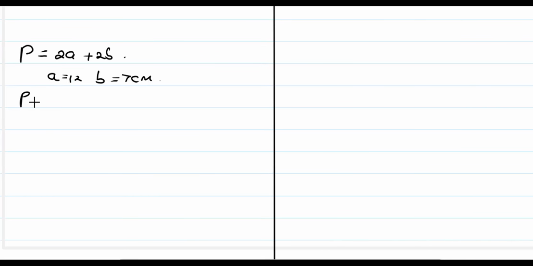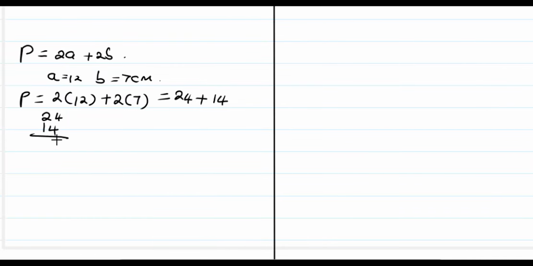So perimeter P will be given by 2 into a, which is 12, plus 2 into 7. 2 multiplied by 12 is 24, then plus 2 multiplied by 7 is 14. So it will be 24 plus 14, which is 38. So the perimeter of that rectangle will be 38 centimeters.